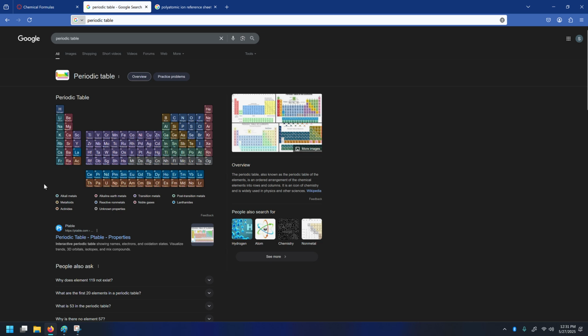When we look at the periodic table, we notice that every element is represented by either one or two letters. Every first letter is capitalized. Every second letter is lowercase. This helps us to figure out where elements begin and where they end. For example, I can look at hydrogen and then compare to hafnium.